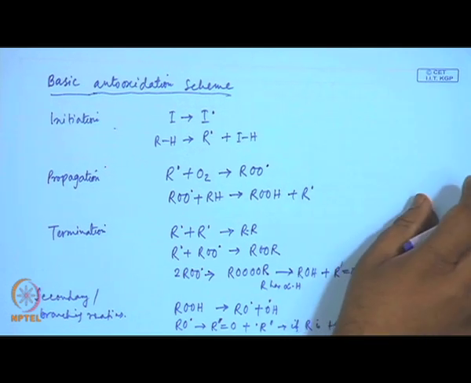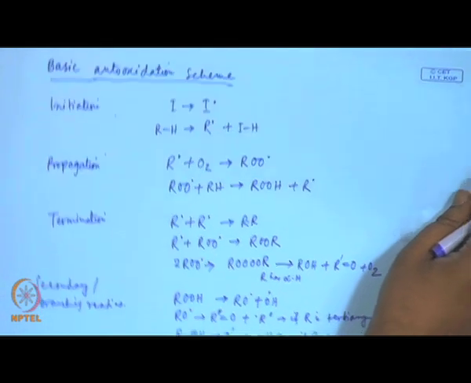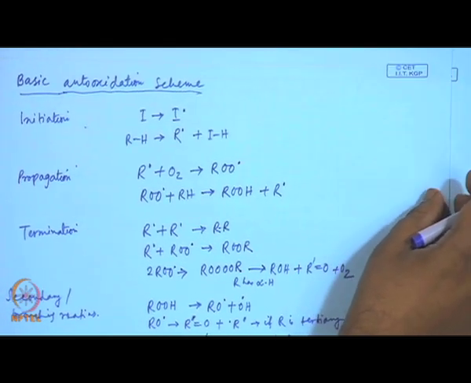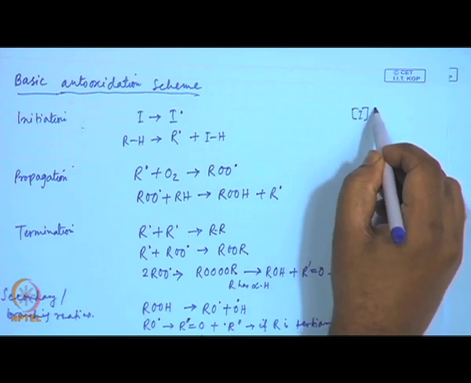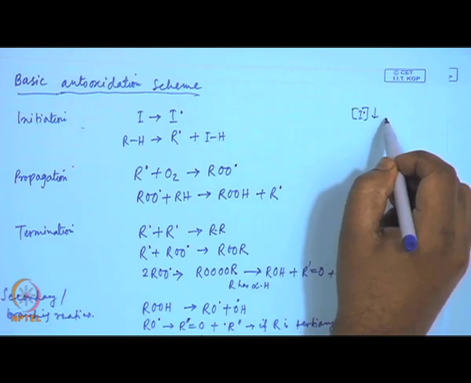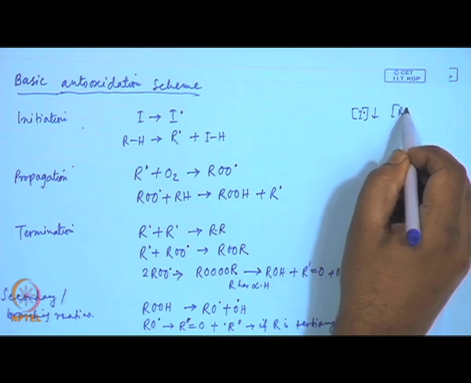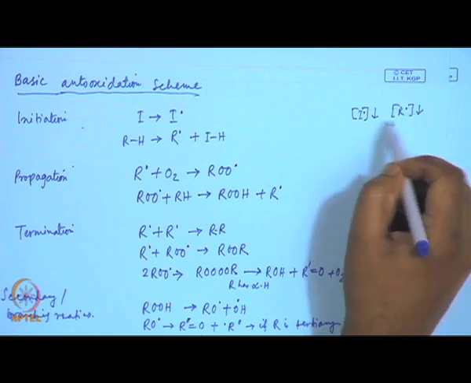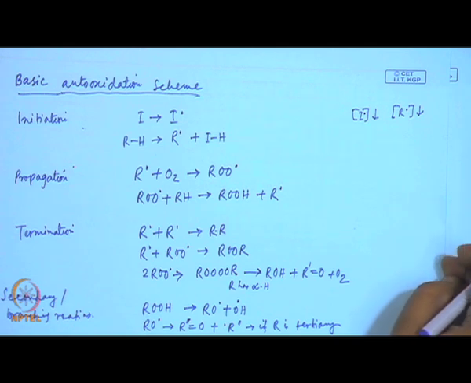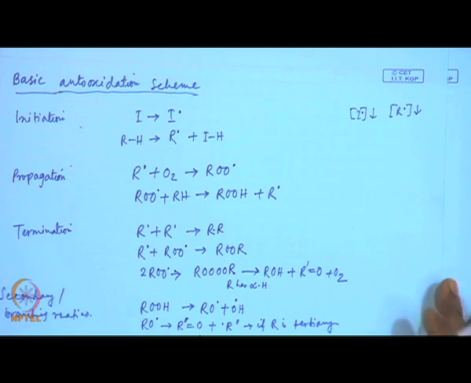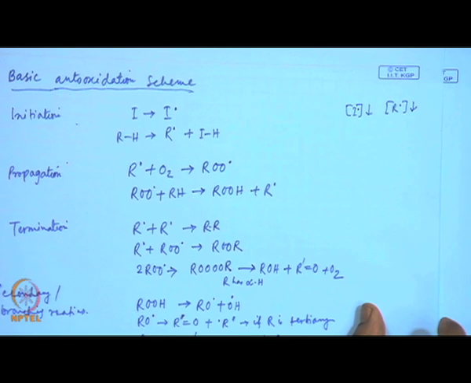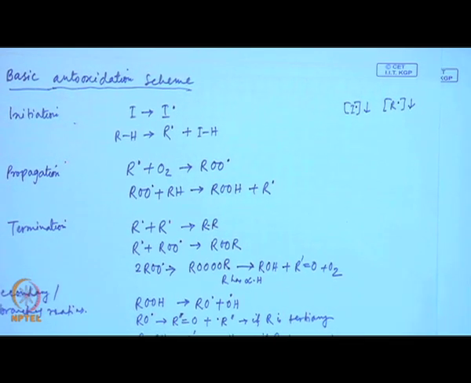So, one thing possible if you want to stop this auto oxidation, you might reduce the concentration of the I radical or the R dot. That is basically out of our hands, because the processing and other external conditions we cannot control.